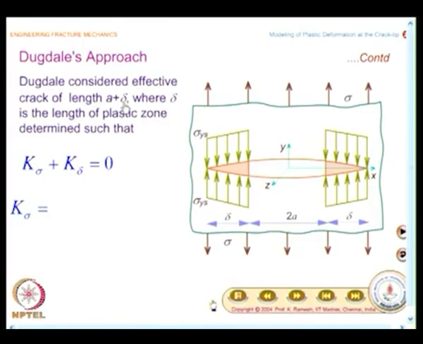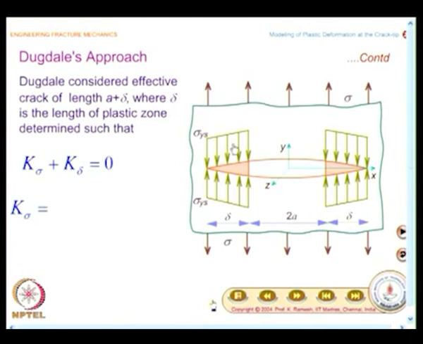And from the discussion we have done earlier, what we are really looking at is, we want to see K sigma plus K delta should go to 0. You have a center crack in an infinite strip. Because of the applied stress sigma, you will have a singularity developed, and what Dugdale assumed is, ahead of the crack tip there would be a plastic zone, and the associated stress level he had taken that as yield strength of the material sigma ys.